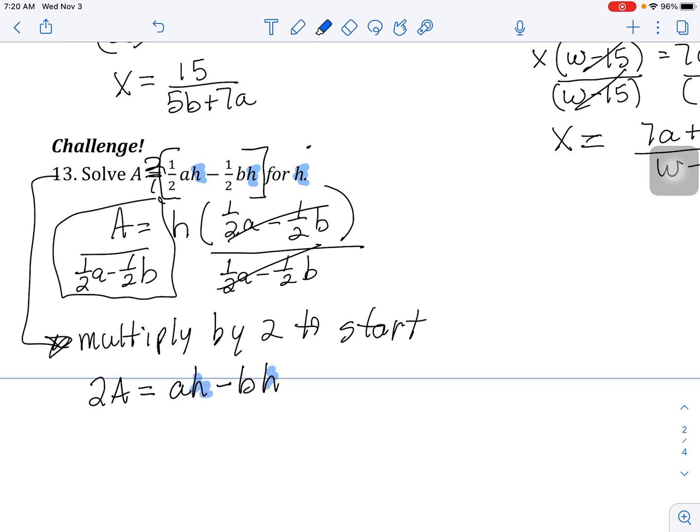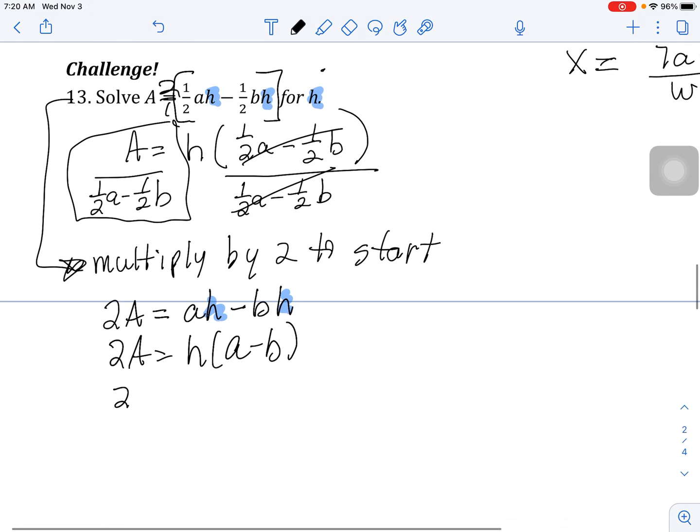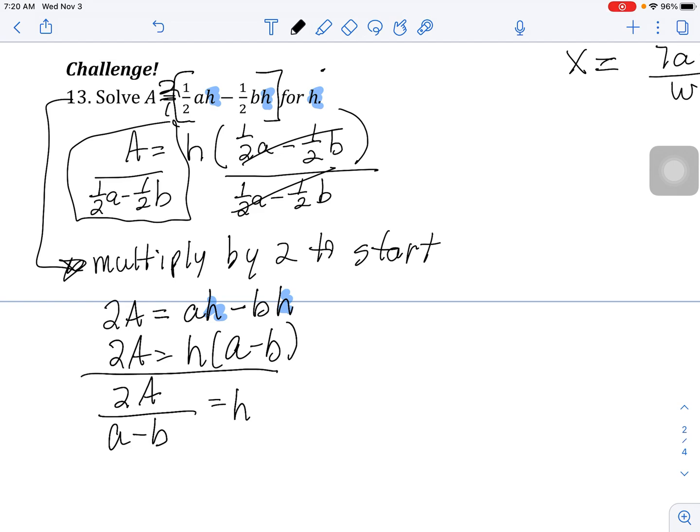Now you can do your factoring, and you get 2a equals h times a minus b, and so 2a over a minus b equals h. And that's your answer. So look at, this is the preferred answer, as opposed to the first one. You should never leave fractions in the denominator. That's it.